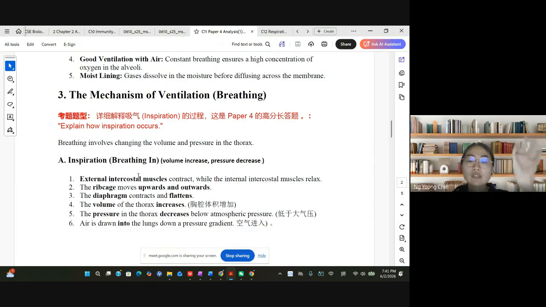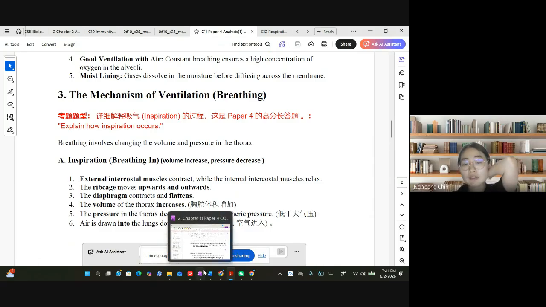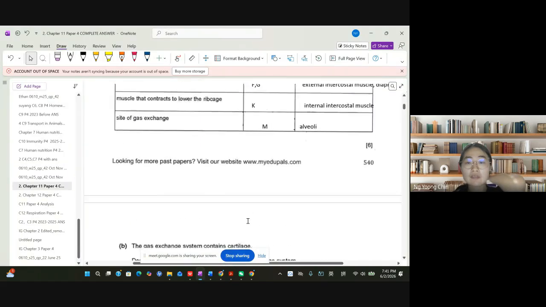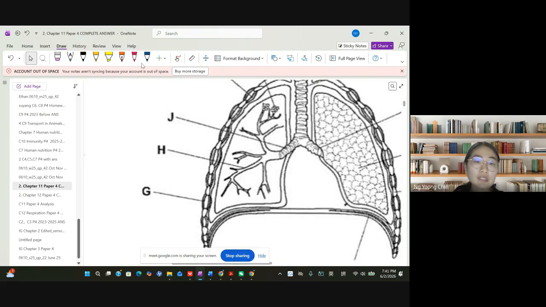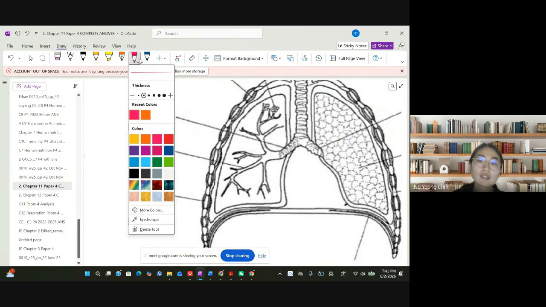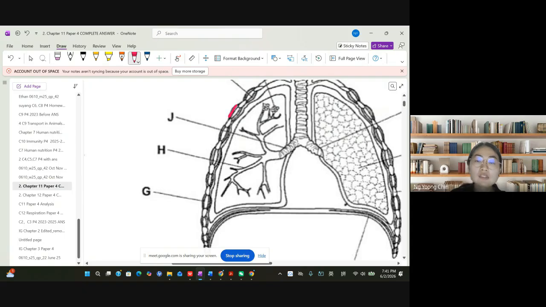And here you have two types of intercostal muscle, right? You can see there are two intercostal muscles, one will be here. Okay, you tell me, this side, the light pink color, is it the external or internal intercostal muscle?